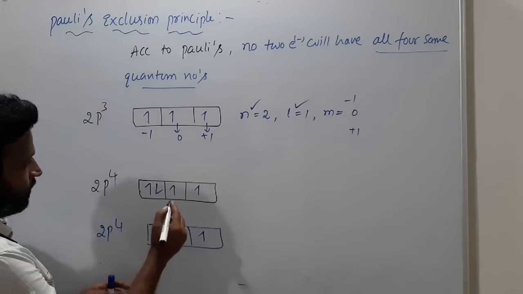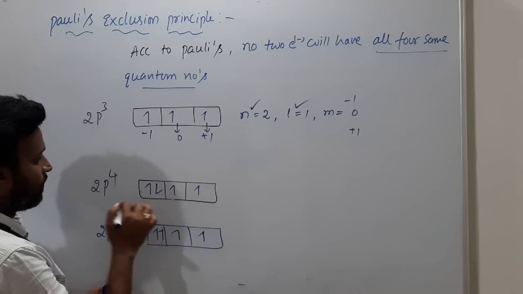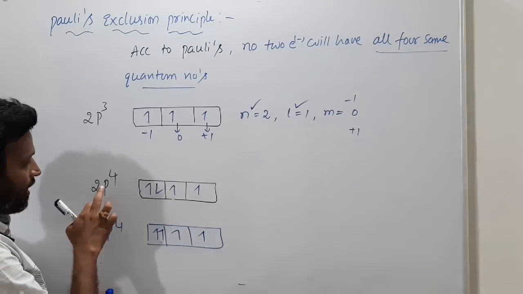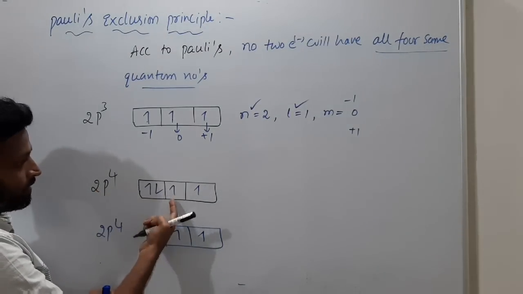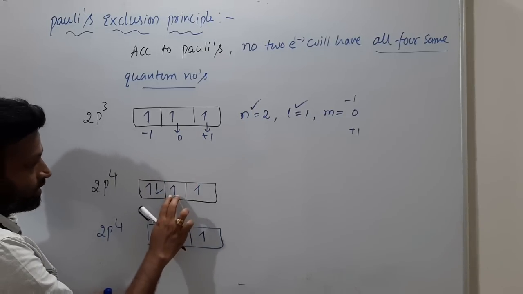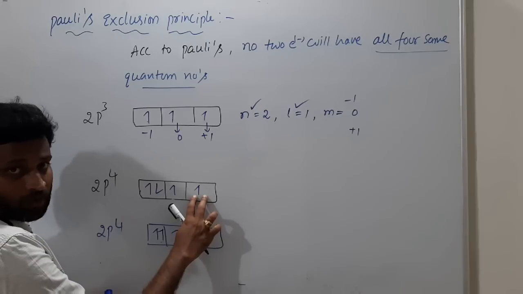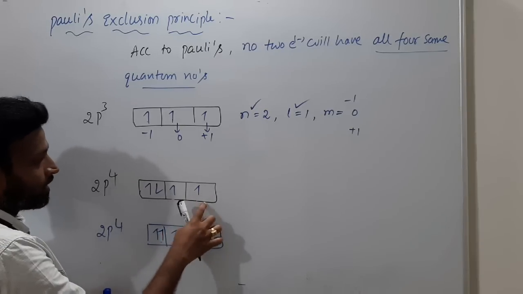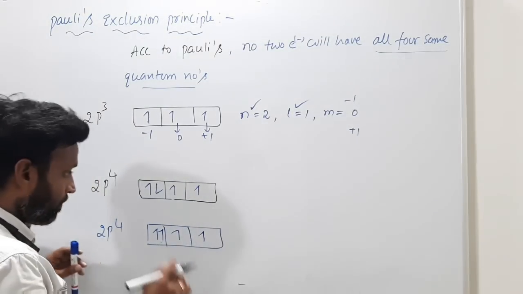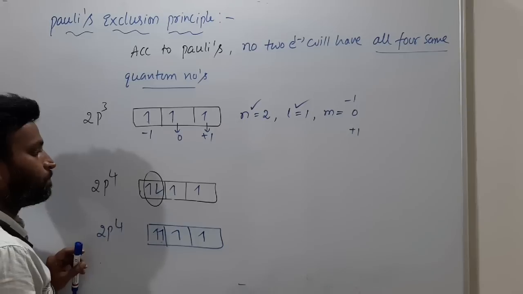See, however here these 2 electrons don't have same magnetic quantum number. They belong to 2p, meaning principal quantum number is same, azimuthal quantum number is same, and this is upwards and this is upwards, so spin quantum number is same, but this is in one degenerate orbital and this is in another degenerate orbital. So magnetic quantum numbers are different for these 2 electrons. Following?